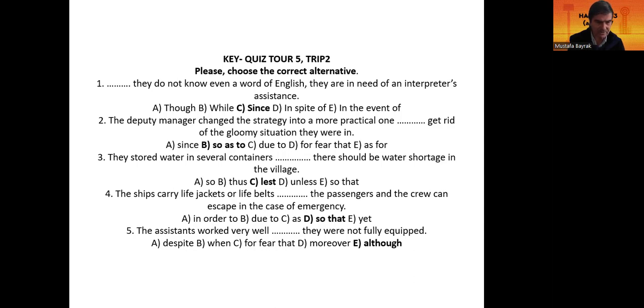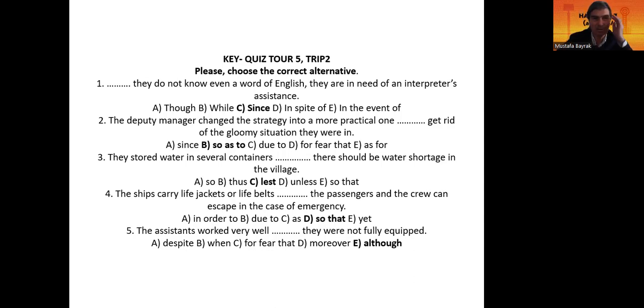What does the dictionary say? Lest means for fear that. Yeah, I couldn't remember. For fear that. Or in case. Do you remember? We have studied them. Okay, in case, in case that, for fear that.